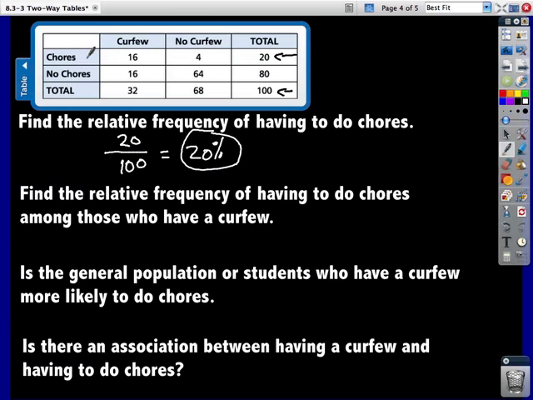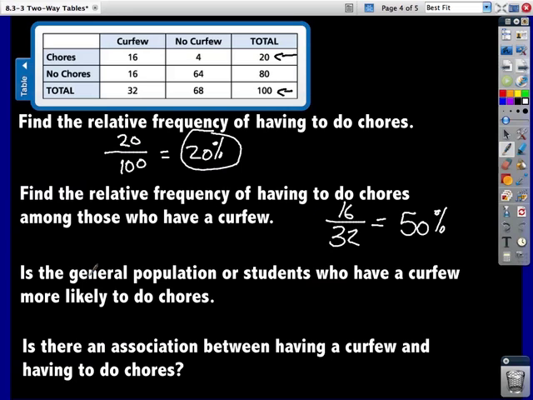So we would want to know the total how many people have a curfew, and that number is right here, 32, because you have all these columns right here that add up to 32. So that would go in the denominator because it's the total number of possibilities. And having to do chores, it looks like 16 out of those 32 kids who have a curfew do chores. This is a 50%, or 1/2 relative frequency.